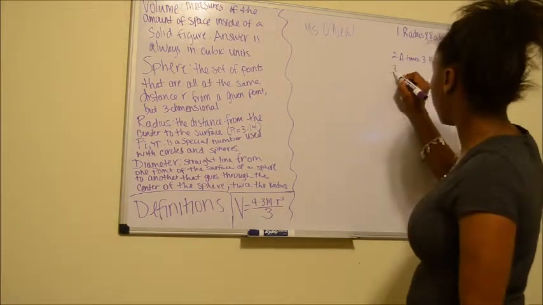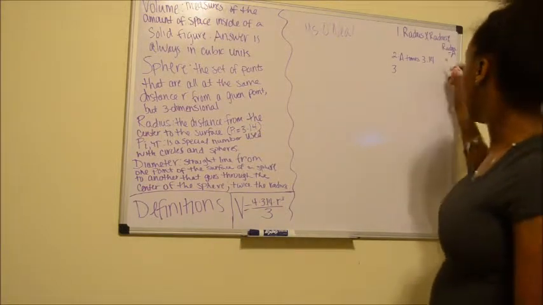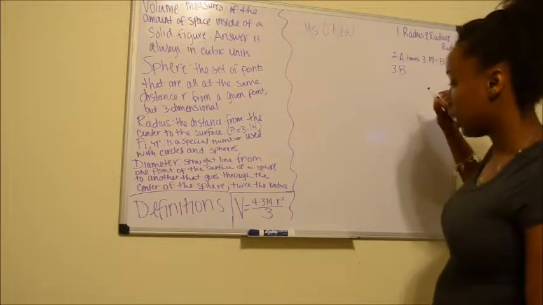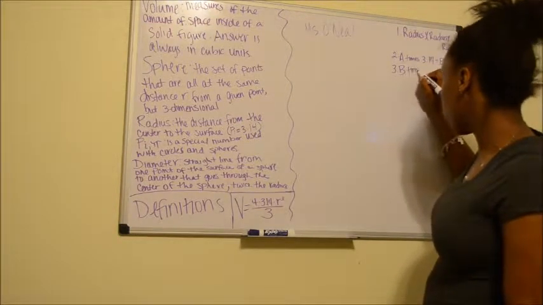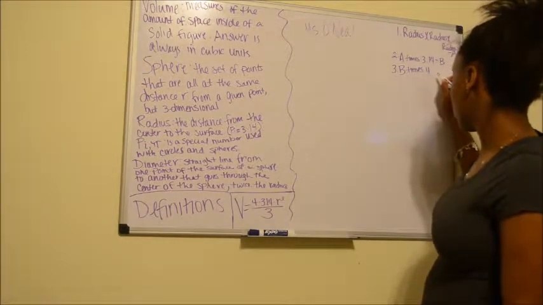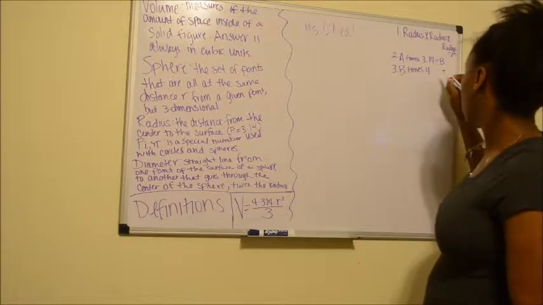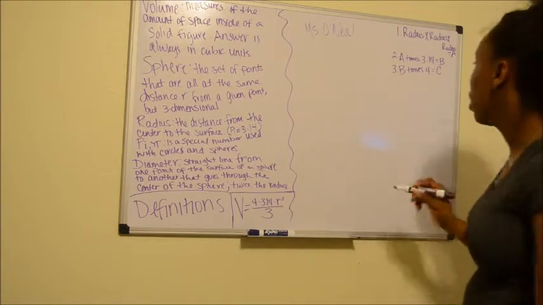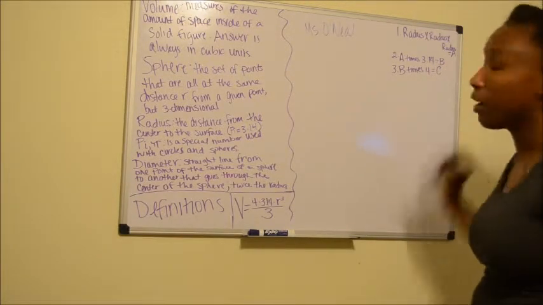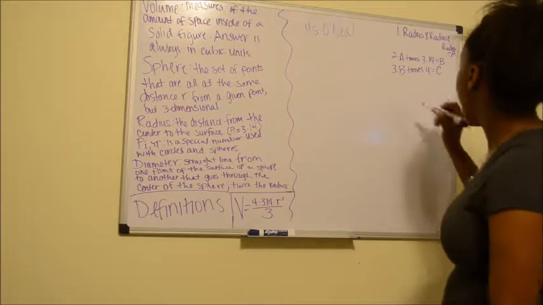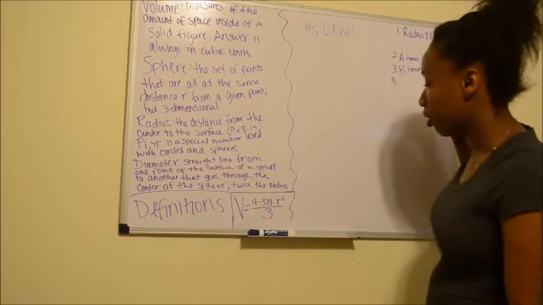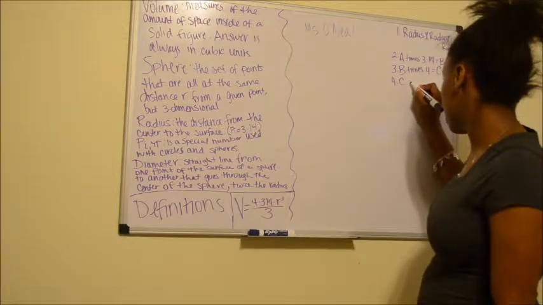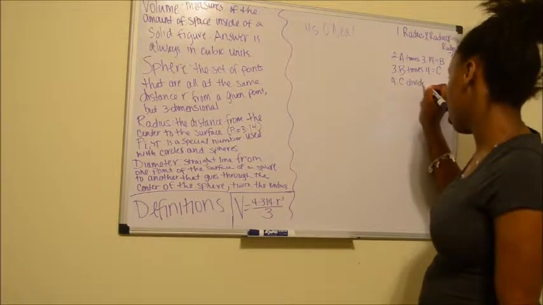The next step, we're going to say this equals B. So B times 4 would equal C. Whatever this amount is, we're going to multiply that amount times 4. And then the last step, we're going to divide C by 3.